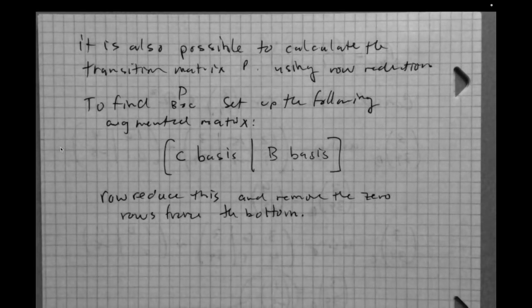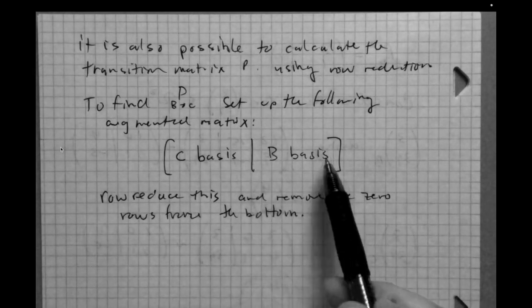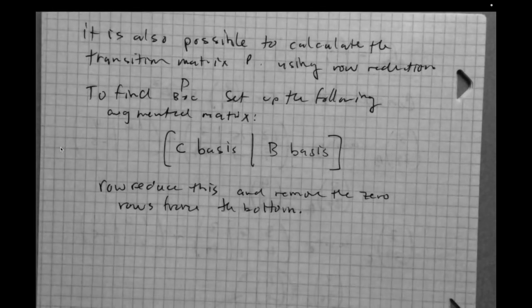All of this stuff fits together. It's basically the same idea as if I'm coordinatizing a particular vector, then I can just use a system. All I'm doing here is simultaneously coordinatizing every vector in the basis. That's all that's happening here.